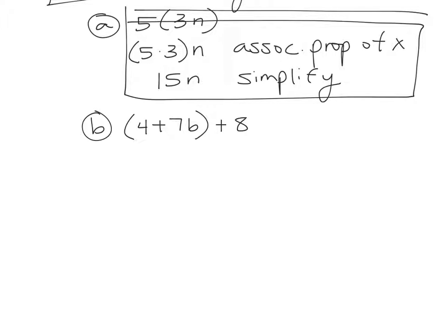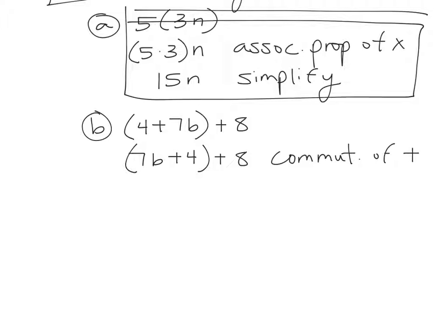What if we rearrange a little bit? So what if instead I make it 7b plus 4 plus 8? Okay, which property is that when I just flip the order? Which property flips them? That's commutative of addition, because we're adding.